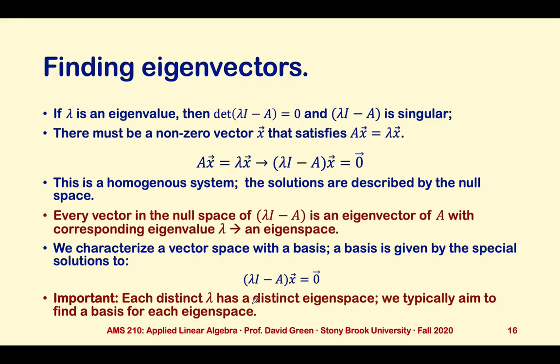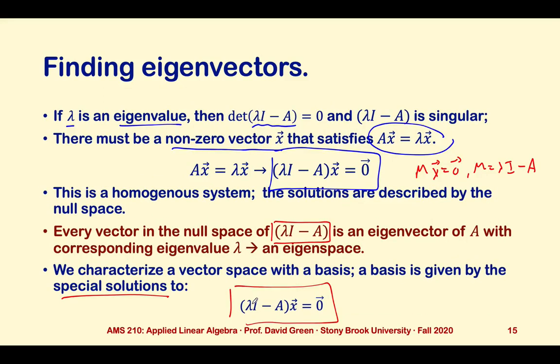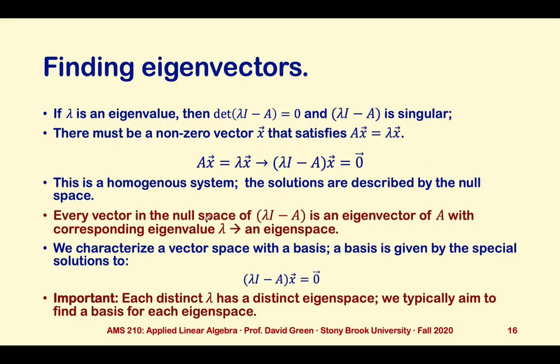All right, so let's think about this. Sorry, this is essentially the same slide, duplicated for some reason. One important point that is added on this one: each distinct lambda has a distinct eigenspace, and this is important to note.